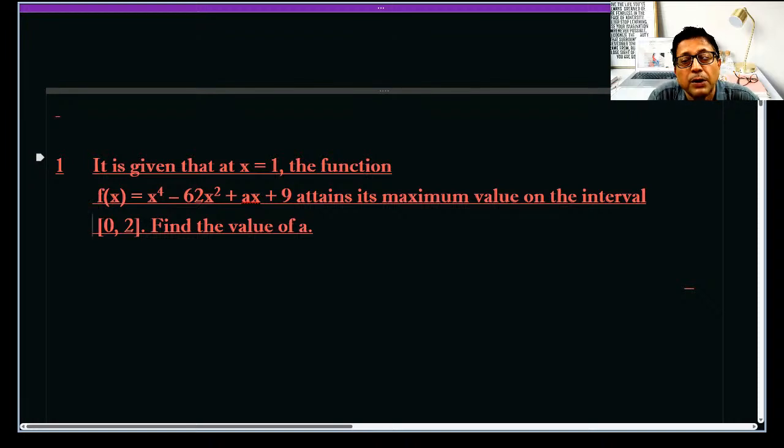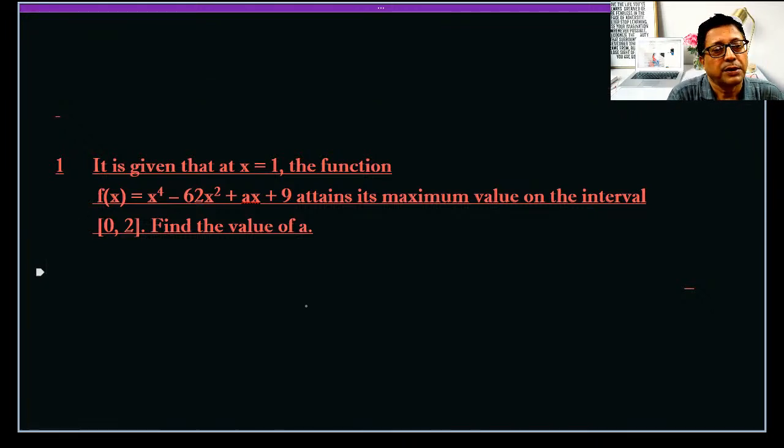Okay? So to get the maximum value, we'll be putting f dash x equal to 0 at x equal to 1, isn't it?